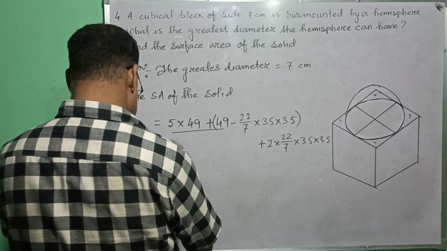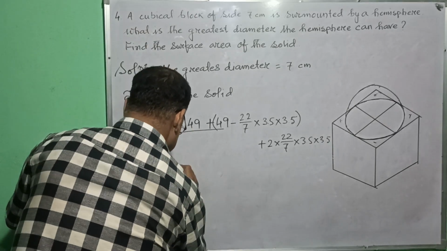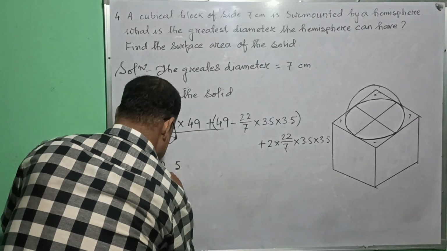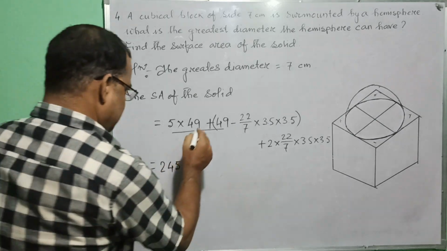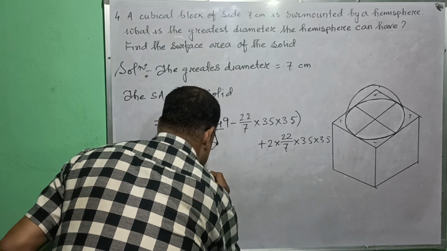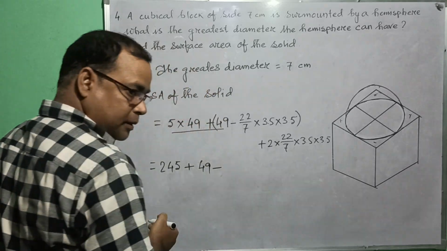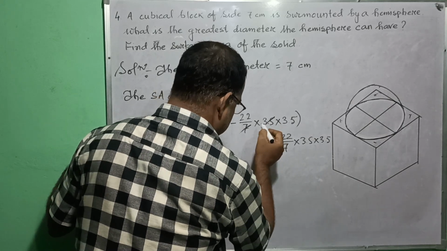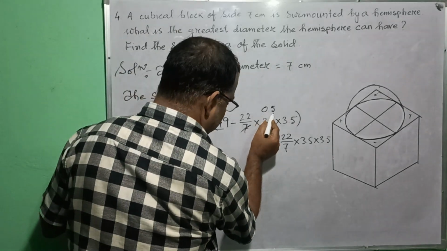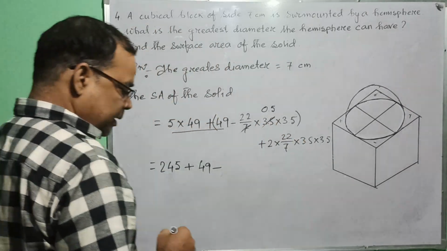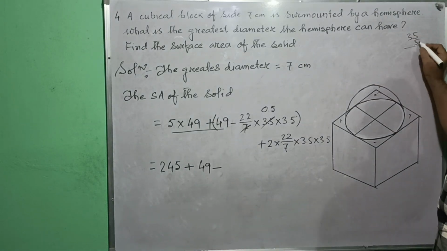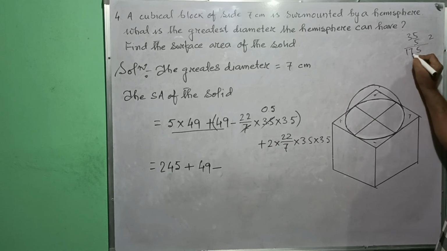If we calculate, 5 into 49 equal, it is 245. Then plus 49 minus, we can cut it, here will be 0.5. Now 0.5 into 3.5, we can multiply it in the rough side. So 35 into 5, without decimal you can multiply, 175.